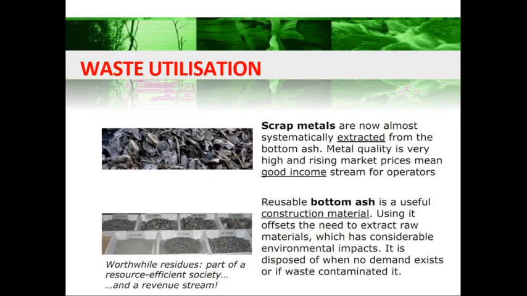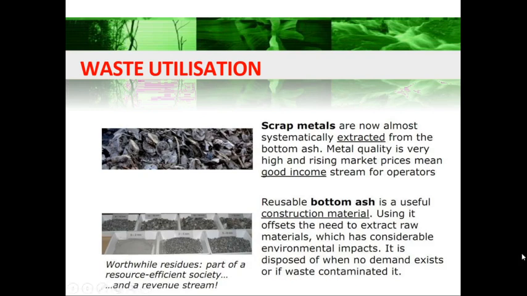Waste utilization. We will see here how and in different ways the waste is utilized. Friends, scrap metals are now almost systematically extracted from the bottom ash. Metal quality is very high and there are high market prices, which means a good income stream for operators.